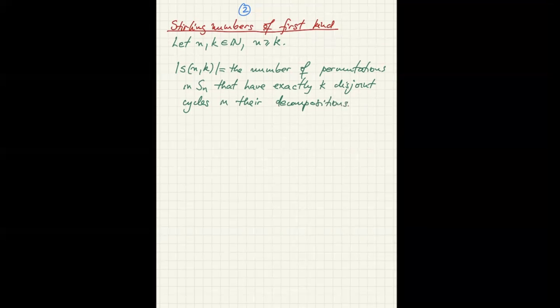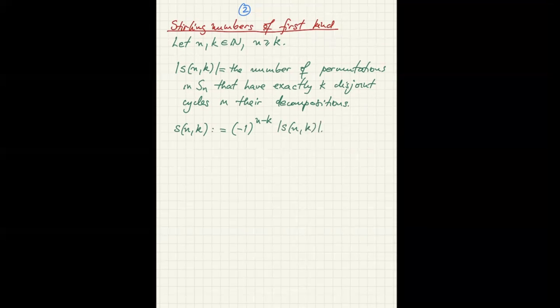So this is the absolute value of the Stirling number of the first kind, and the Stirling number of the first kind is actually defined as a signed version of this number: s(n,k) is defined as (-1) to the power n minus k times this absolute value of s(n,k).